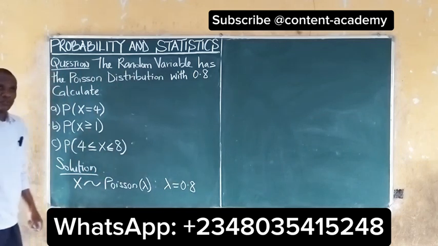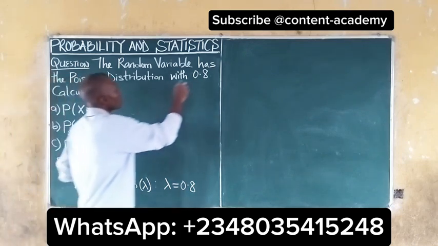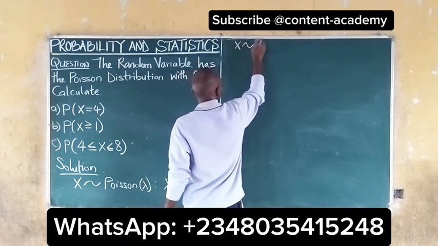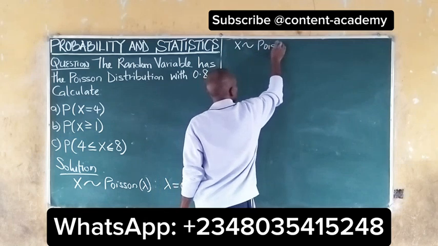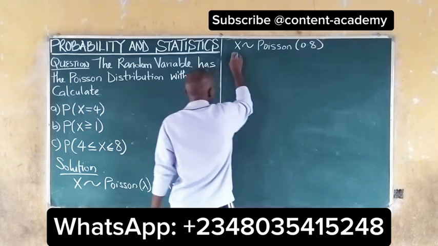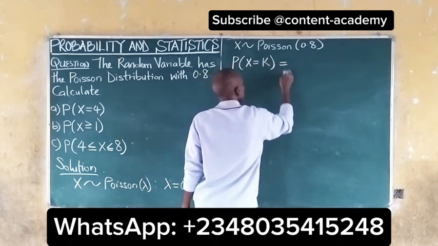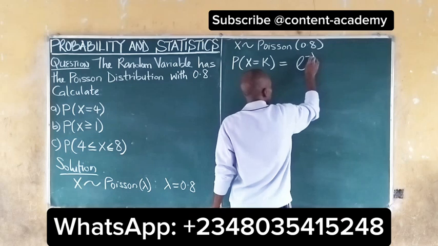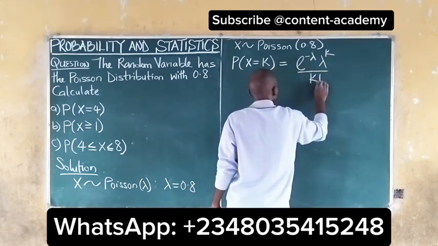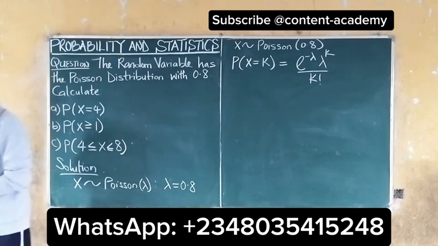Now, if X follows the Poisson distribution of 0.8, it then means that the probability that X is equal to k is equal to exponential negative lambda times lambda raised to the power of k all over k factorial. So this is our Poisson distribution.